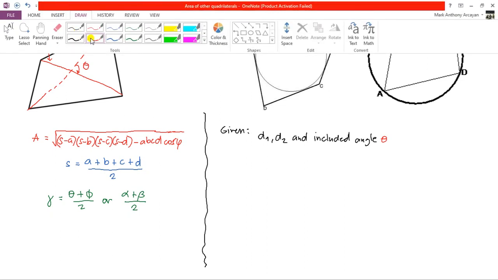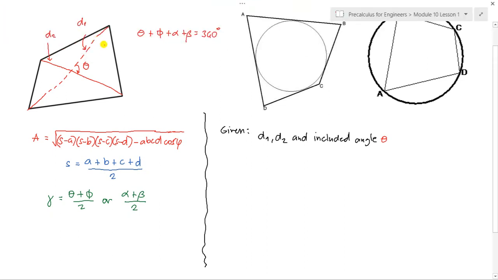So for a quadrilateral, the area is equal to 1/2 d1 times d2, then sine of theta. So again, d1 times d2 and then sine of theta.